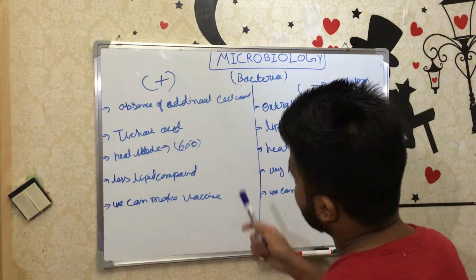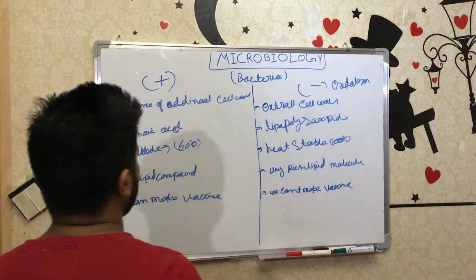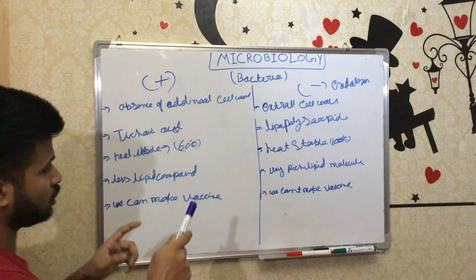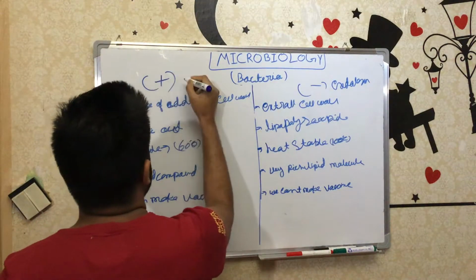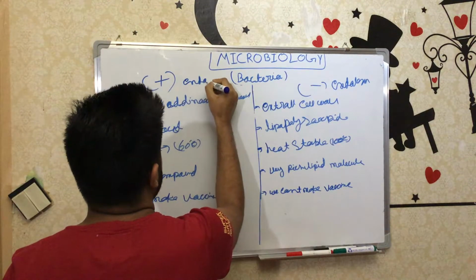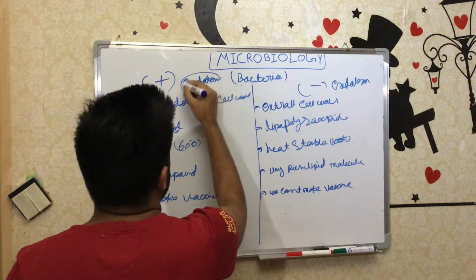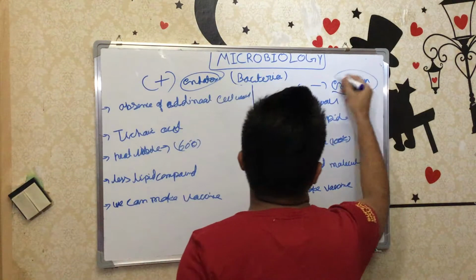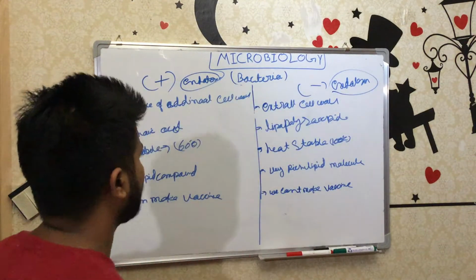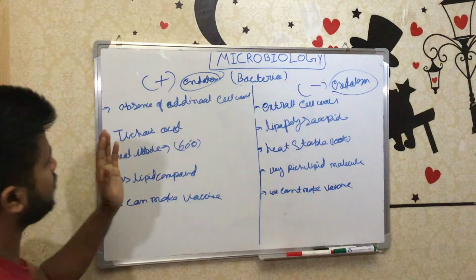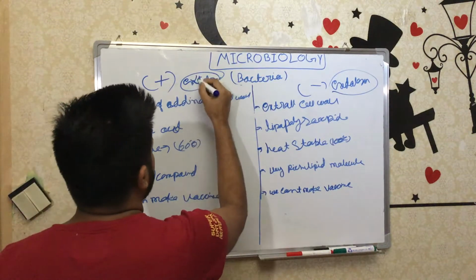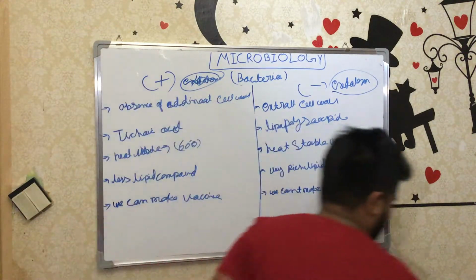So as well as gram positive and gram negative bacteria, as well as exotoxin and endotoxin, we should write endotoxin. So you can make the difference here between gram positive and gram negative with exotoxin and endotoxin.